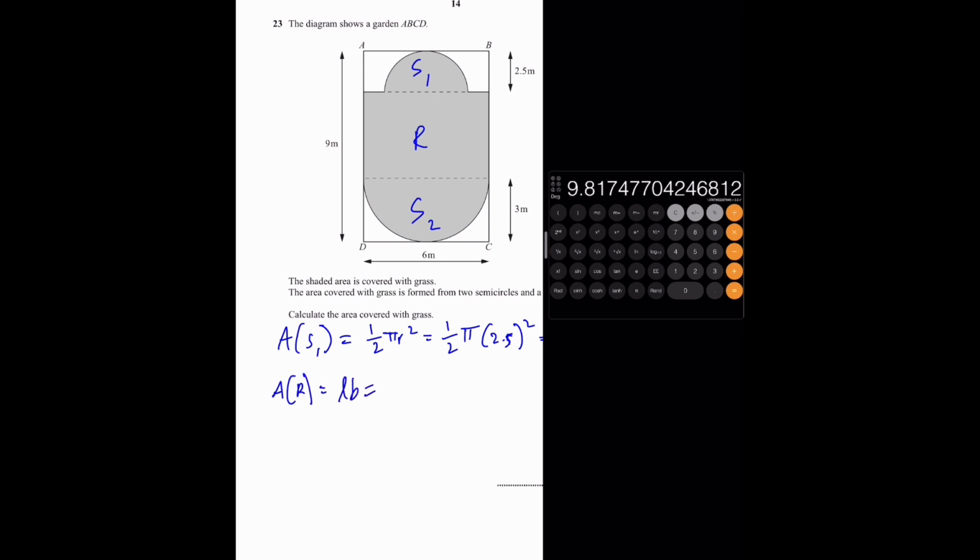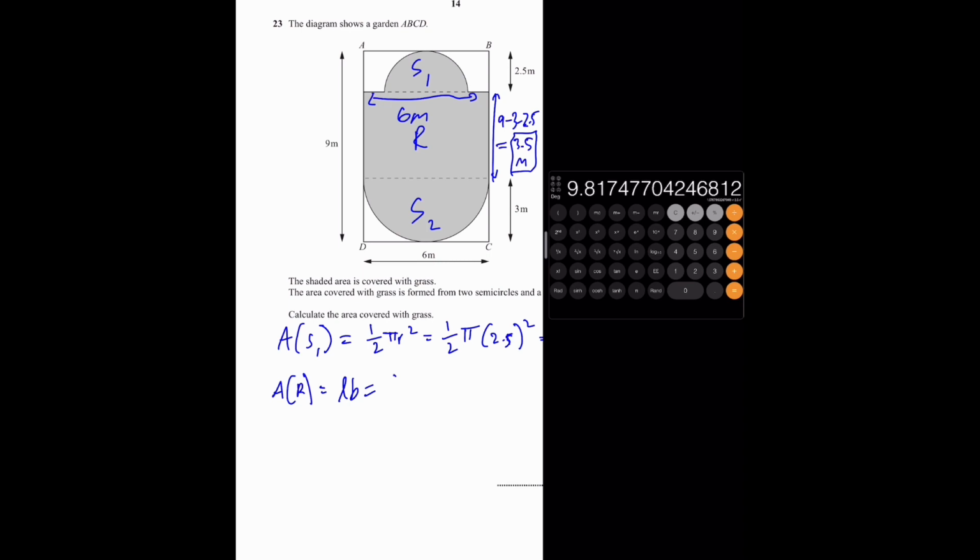Now the area of the rectangle will be equal to the length into breadth. What's the breadth and what's the length? This length is 6 meters as given over here, and the breadth, because the full thing is 9 meters like that, and there's 2.5 over here, there's 3 over here, so that means we can do 9 minus 3 minus 2.5, and that'll be equal to 3.5 meters.